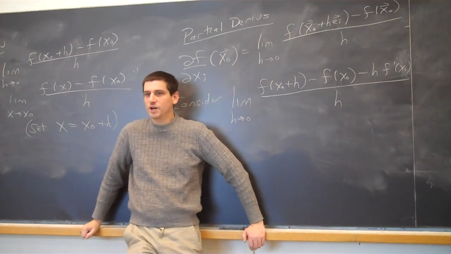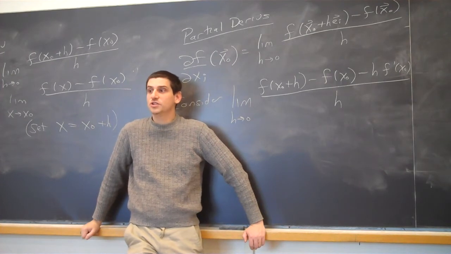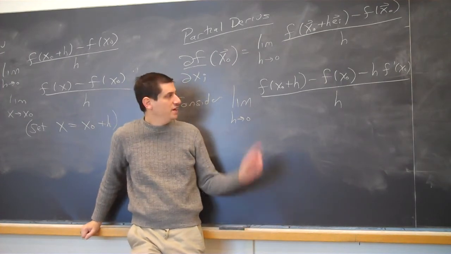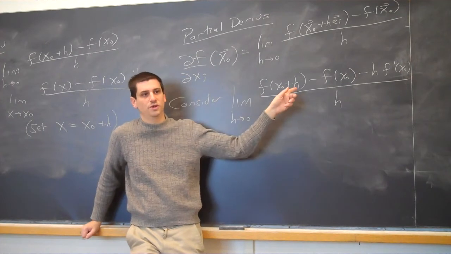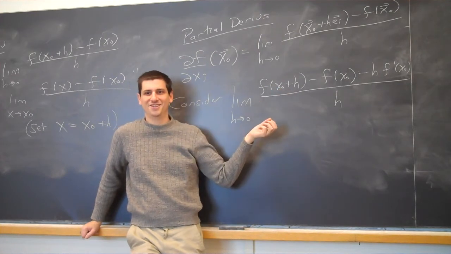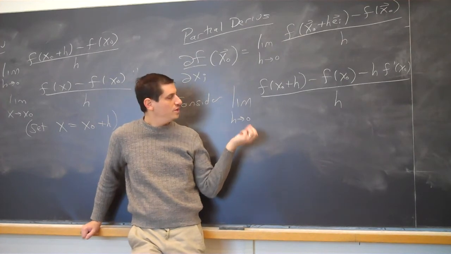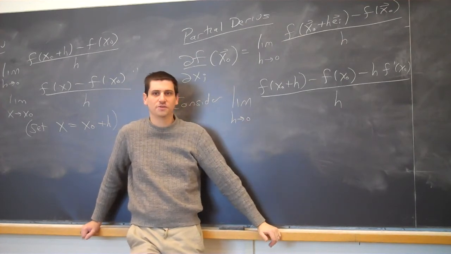I can consider whatever I want. I want to consider this right now. And I claim this is a really good thing to consider. Have any of you ever seen this expression before? Very sad. You've almost seen it. You've seen close cousins of this. What do you think this limit is as h goes to 0?